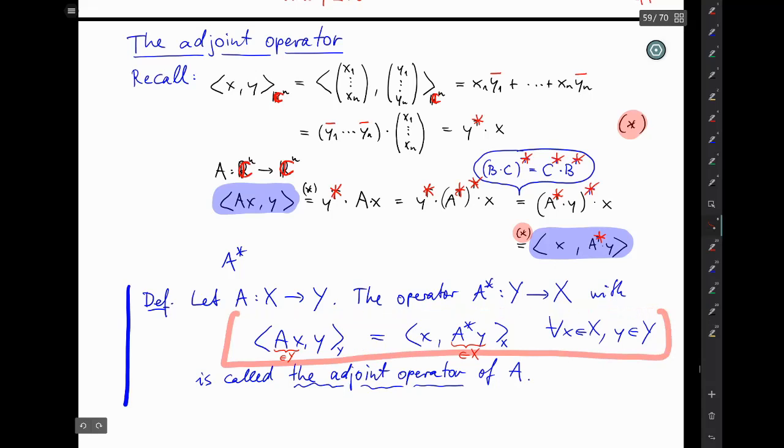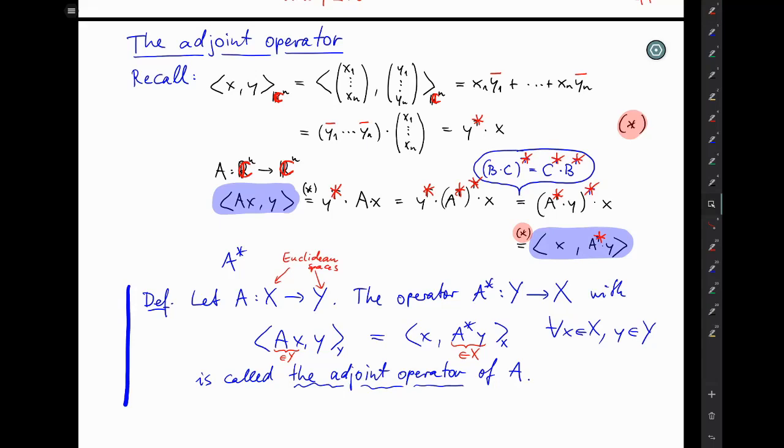But well, let's not make this problem our business here. And let's not forget the other gap that we left in this definition. So the spaces X and Y both have to have a scalar product, so they both have to be Euclidean spaces. Possibly even Hilbert spaces, but not necessarily so.